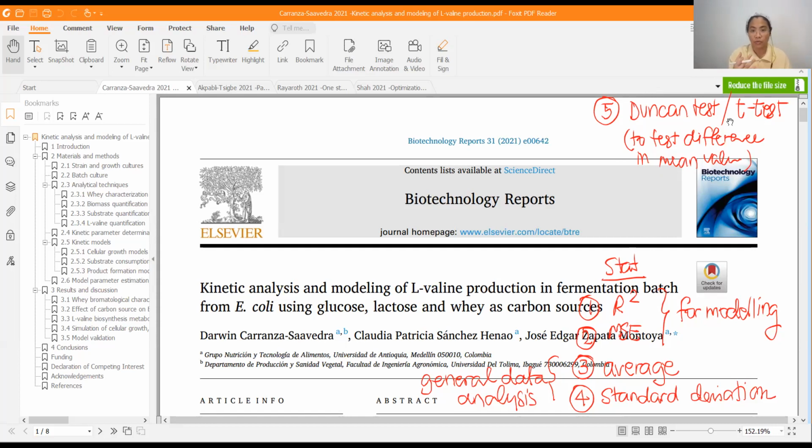So this is how you should be able to analyze this stuff, and by doing so, it should enable you to think about your own work and what type of stats you will be doing. Okay, so that is the first example.